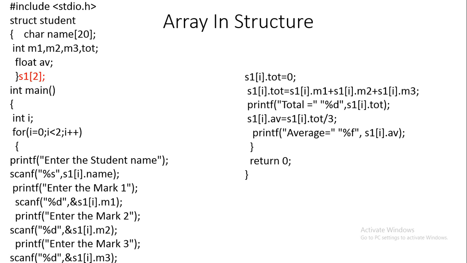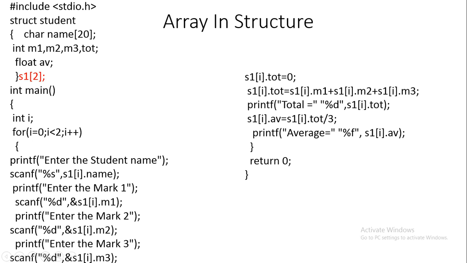So s1 of 2, see this, int i, we know that in array we use for i is equal to 0, i less than 2, i plus plus to access the memory location. See this, s1 of i dot name, it means s1 of 0, and when the loop runs, for i is equal to 0 and then s1 of 1, each record it will take.